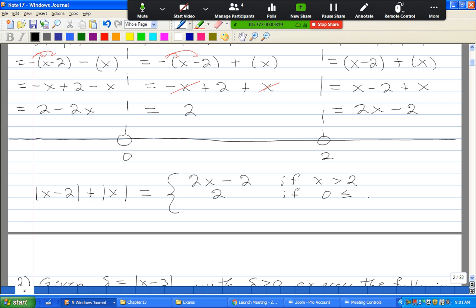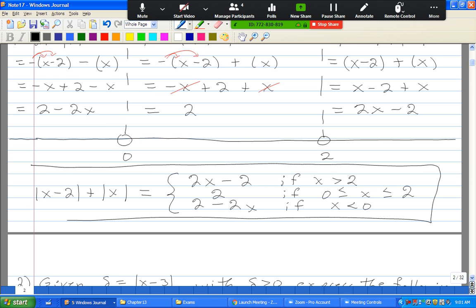I will arbitrarily just make it equal to this value, 2, in the middle. I could put the equal signs anywhere. I could put it at the 2, but I'll just put it in the middle. And it's equal to 2 minus 2x if x is less than 0. And that is my answer.